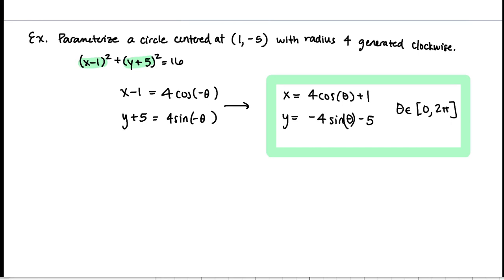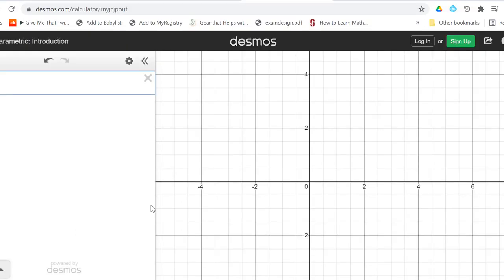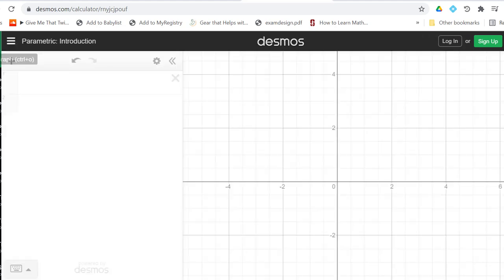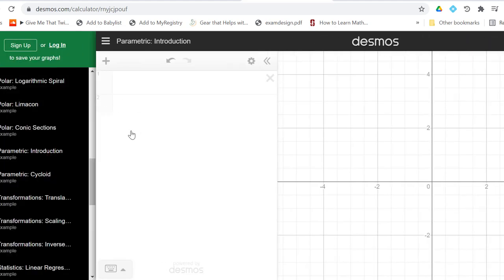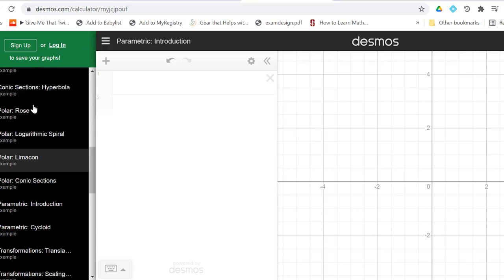There we go. Let's take a look at this one on Desmos, and I will give you guys the explanation for how Desmos frequently deals with parameterization. So one thing that's kind of cool that I don't know if you guys have noticed is that for Desmos, if you click on the three little bars here, it'll pull up some examples.